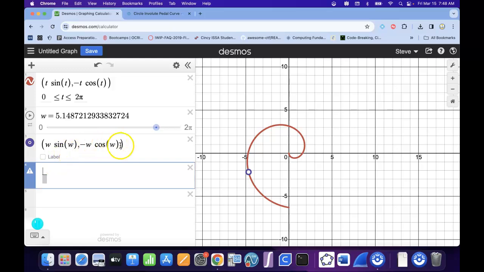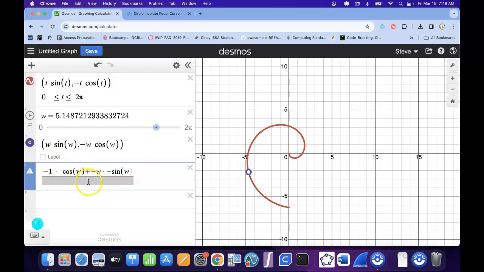So I'm going to use the product rule to take the derivative of that puppy. So the derivative of negative w is negative 1 times the cosine of w. And then I'm going to go plus negative w times the derivative of cosine, which is negative sine. I'm going to put a w in there.